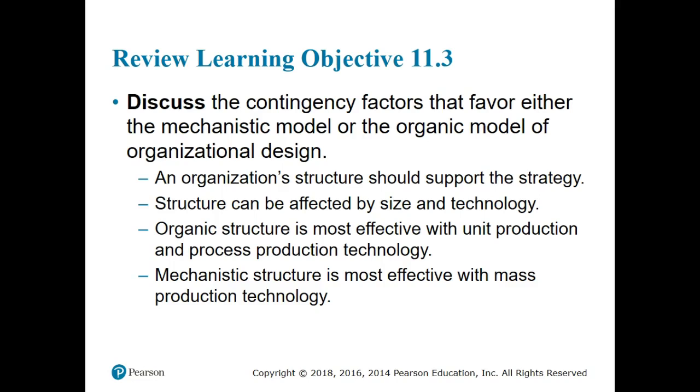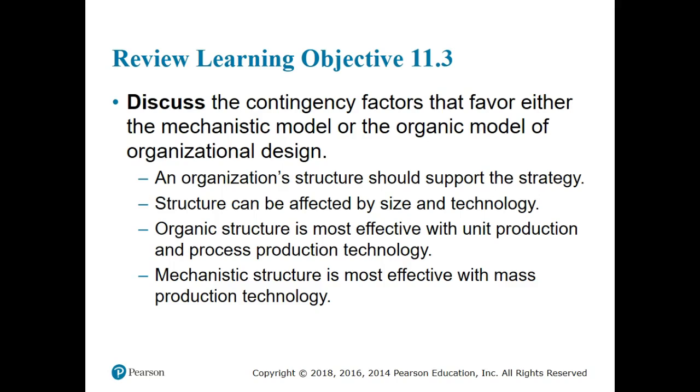An organization's technology can affect its structure. And also know that an organic structure is most effective with unit production and process production technology. A mechanistic structure is most effective with mass production technology.